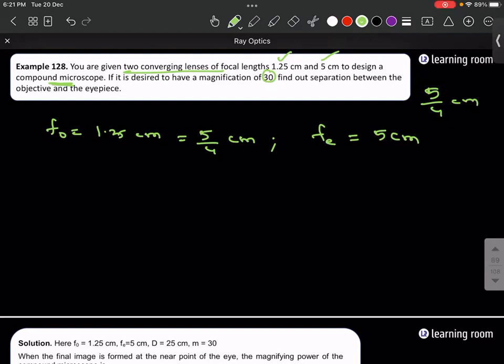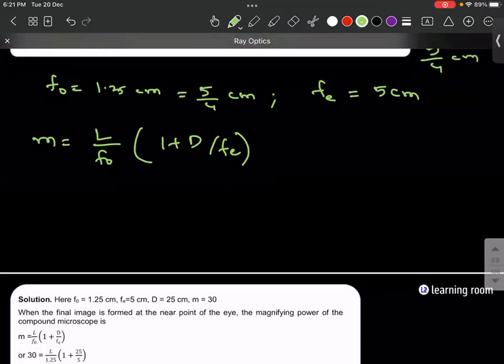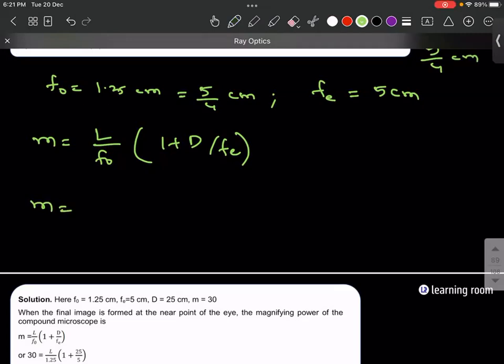Now, if you are expecting a magnification of 30, find out the separation between the objective and the eyepiece. So what formula are you going to apply? M will be equal to L divided by F naught into 1 plus D divided by Fe. You need to produce a magnification of 30. Since it's a virtual image, magnification is taken to be positive. It is equal to L divided by F naught, which is 1.25, or 5 divided by 4, into 1 plus D, which is 25, divided by Fe, which is 5.